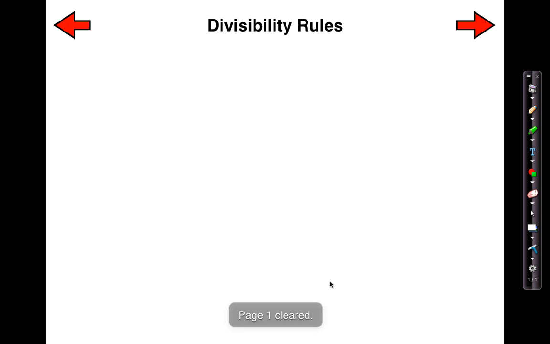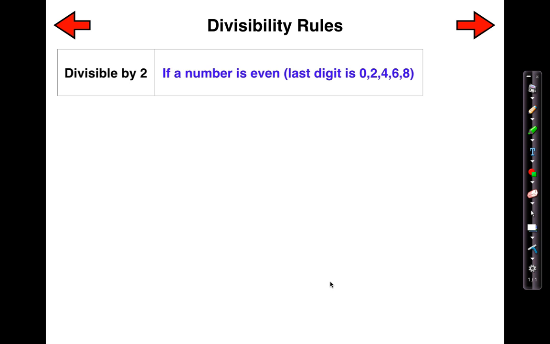Okay, so real quick before I have you try one on your own, let's talk about some divisibility rules, because you're going to find in this lesson you're going to have to divide some pretty large numbers. So of course something is divisible by 2 if it's even, which means it ends in a 0, 2, 4, 6, or 8.